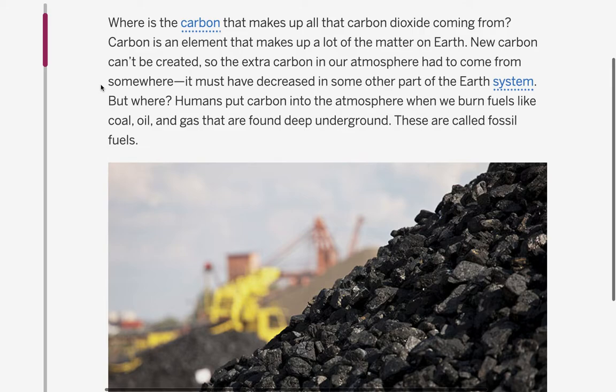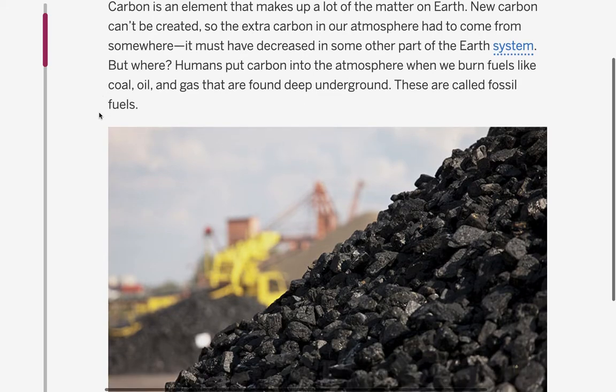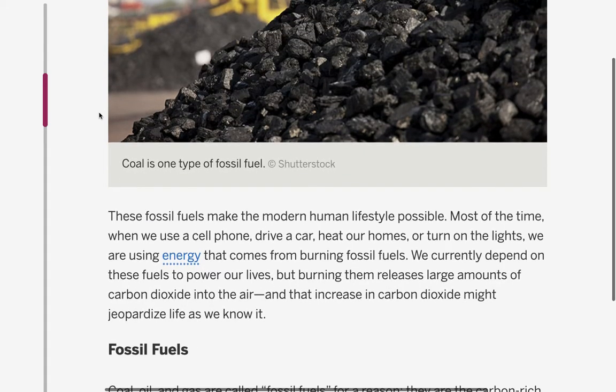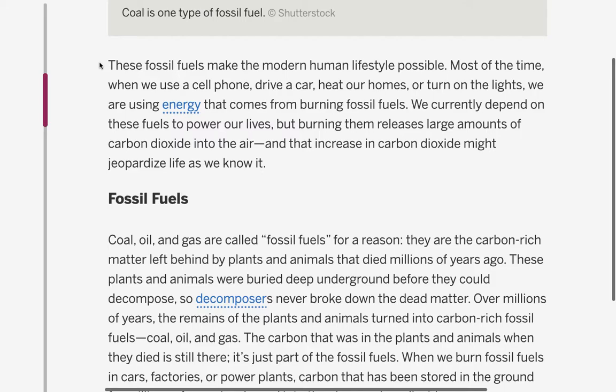But where? Humans put carbon into the atmosphere when we burn fuels like coal, oil, and gas that are found deep underground. These are called fossil fuels. These fossil fuels make the modern human lifestyle possible.